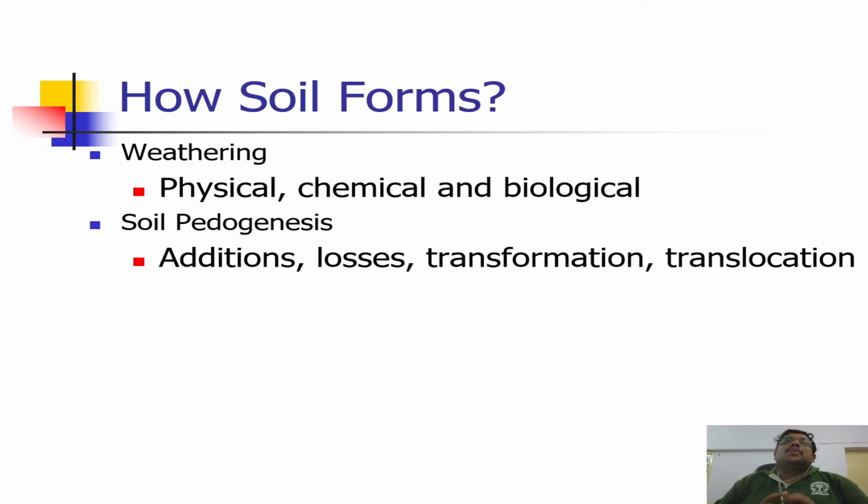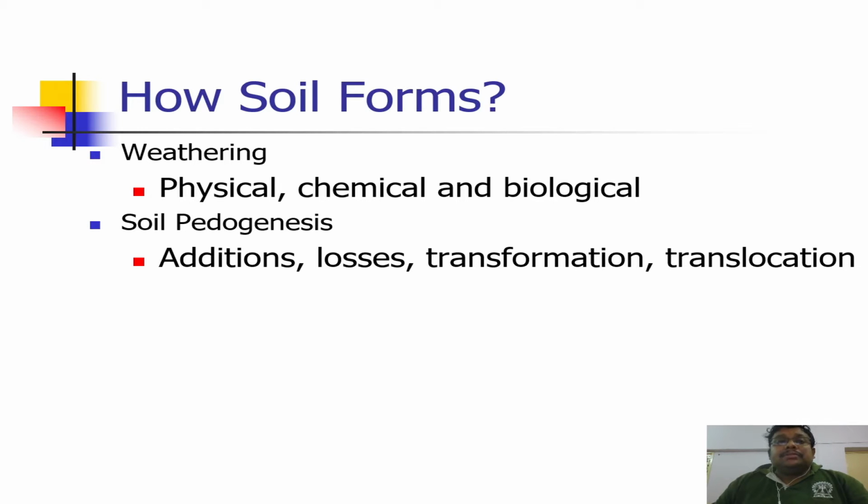Now, there are two processes responsible for soil formation. The first one is called the weathering process, and the second one is called soil pedogenesis. Now, what is weathering? Weathering is basically the disintegration and decomposition of rocks. There are three types of weathering: physical weathering, chemical weathering, and biological weathering.